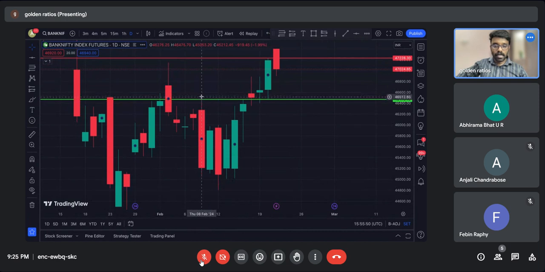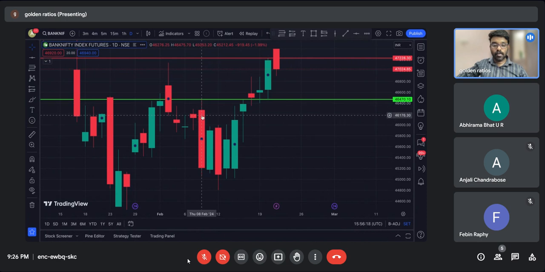You can see, ma'am, this line was support. Right now you can see in this candle we have drawn, this green line is the support. In the previous market, that line was a resistance. See, ma'am, on 15th February the market came from here and touched this line, and it got resistance.